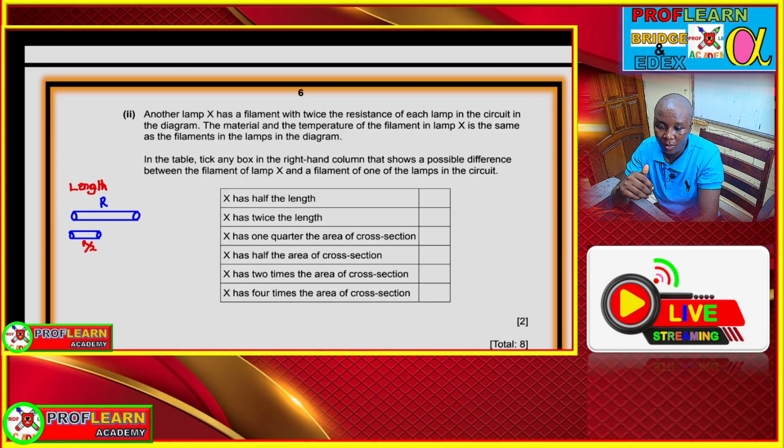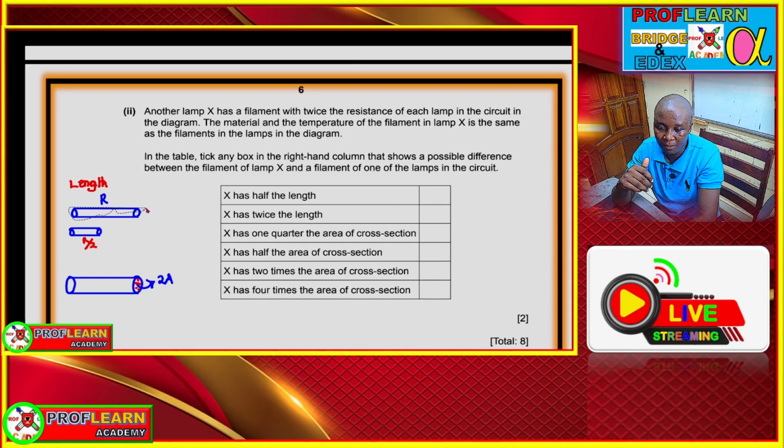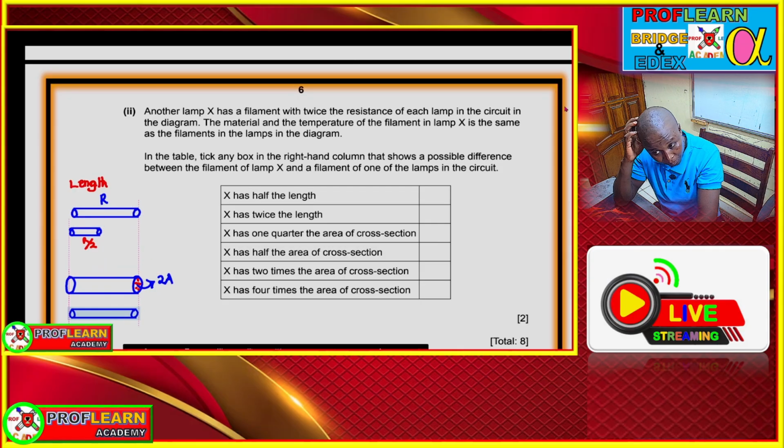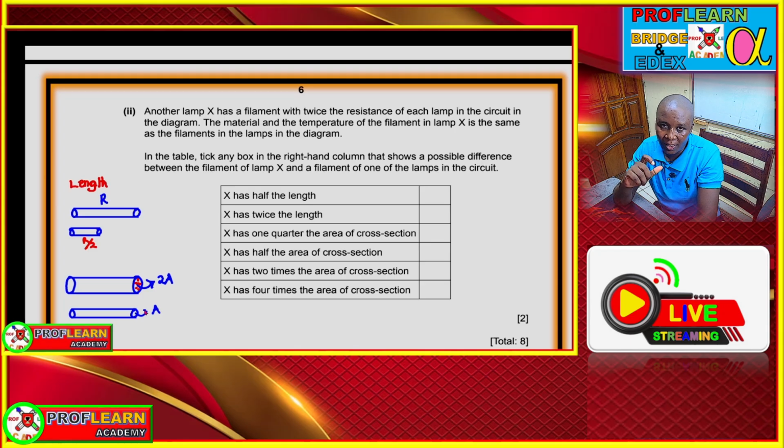Second case, when we are talking about cross-section area, if you have a conductor with a cross-section area, we can say 2A, and we are comparing it with another conductor of the same length but with cross-section area A. The smaller the cross-section area, the fewer the free electrons for conduction of electricity.